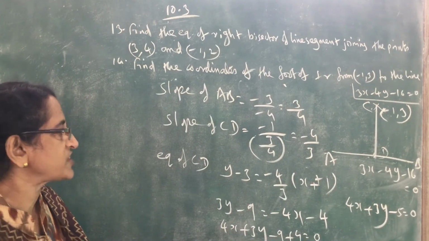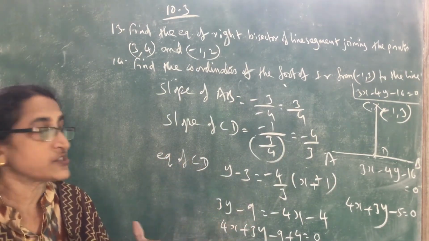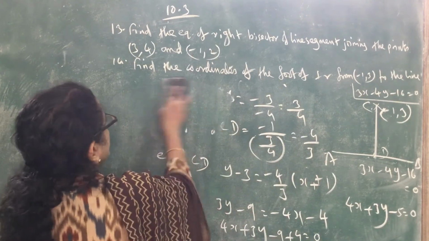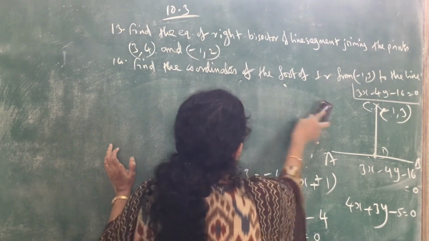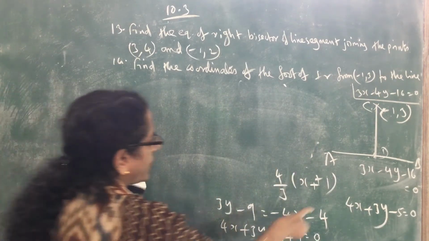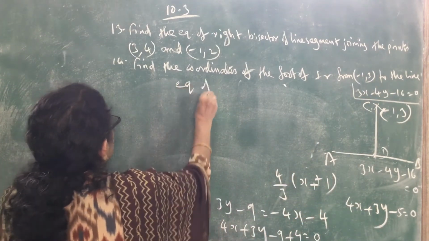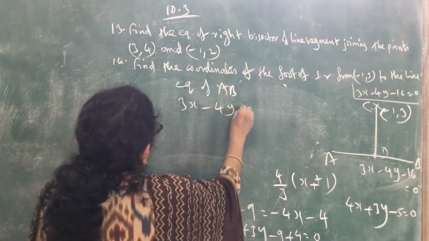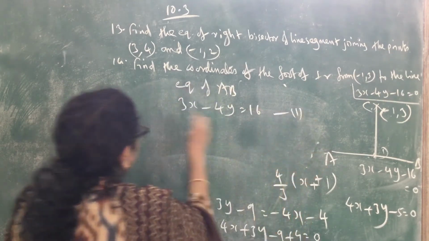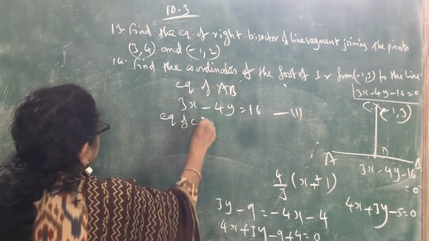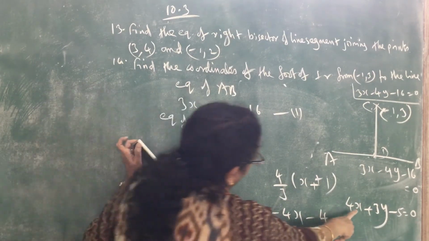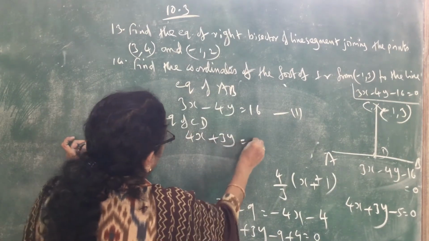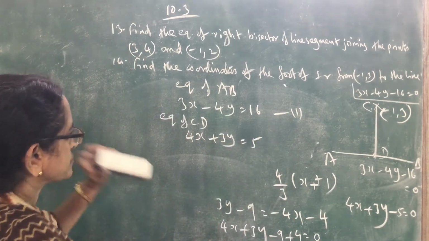So we got the equation of AB and the equation of CD. Now solving these two equations, we get the foot of the perpendicular. The equation of AB is 3x minus 4y equal to 16. The equation of CD is 4x plus 3y equal to 5.